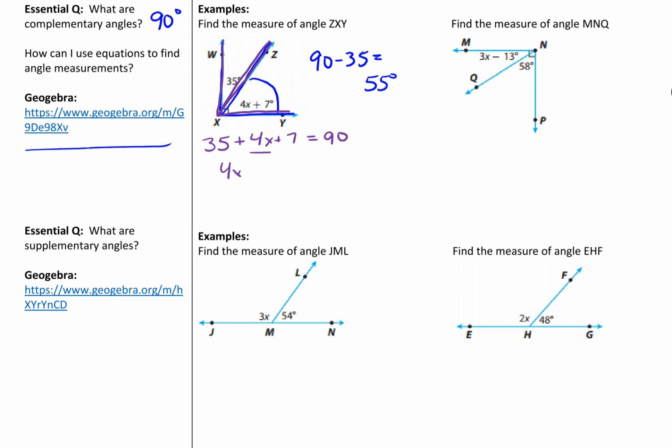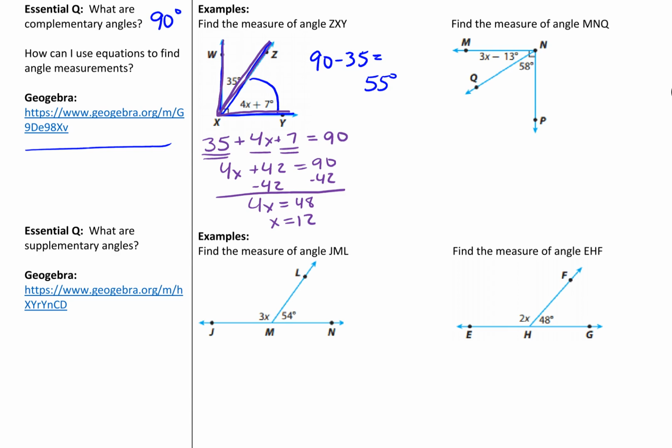We have 4x, and 35 and 7 make 42, equals 90, and we'll just solve. 4x equals 48, so x equals 12.